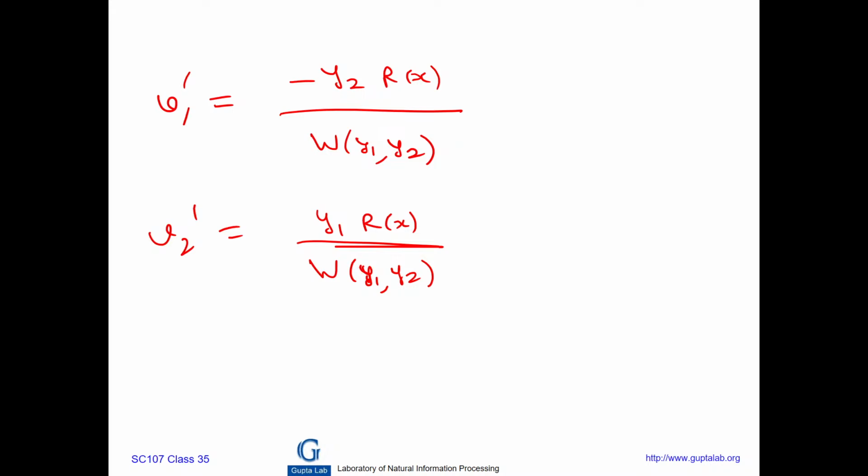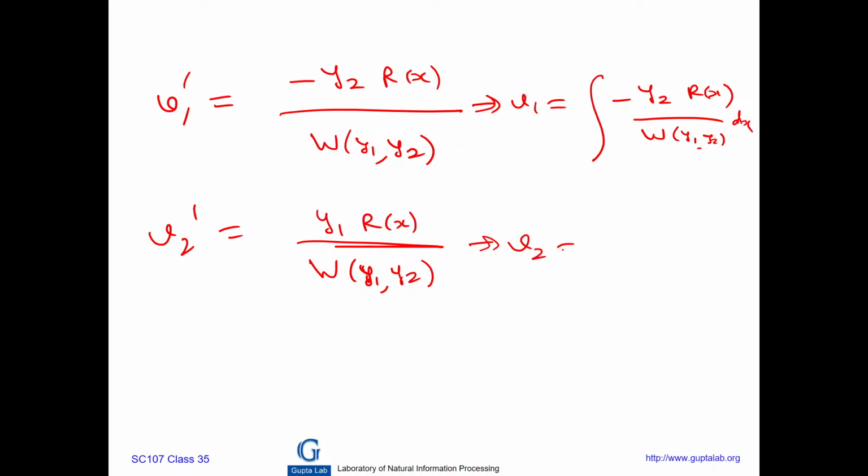This is a valid solution because Wronskian is not 0, because y1 and y2 are linearly independent. That is our assumption anyway, right? So this implies that v1 is integration of minus y2 rx divided by W y1 y2, and this implies that v2 is equal to integration y1 rx divided by Wronskian y1 y2 dx.